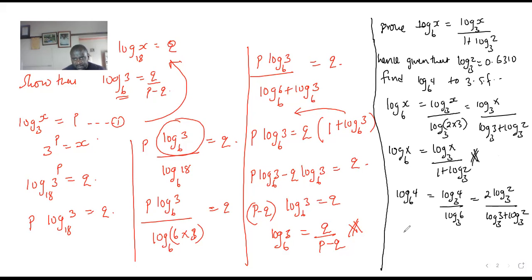You realize that this becomes twice log to base 3 of 2, all over 1 plus log to base 3 of 2. Because they gave us this value, substitute it down there, and we shall realize twice into brackets 0.6310, all over 1 plus 0.6310. And then you can get the answer.